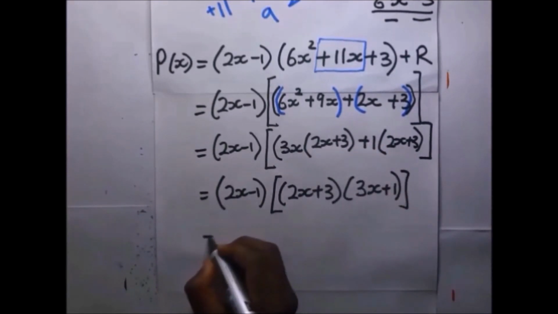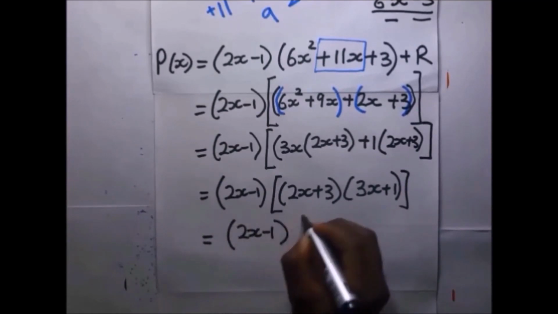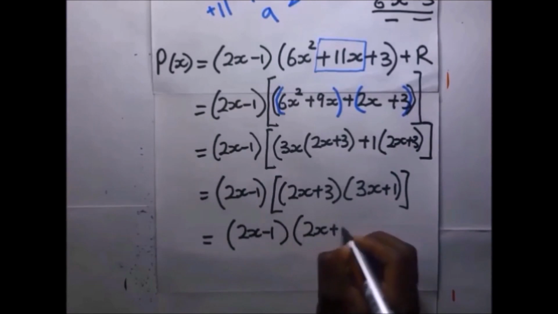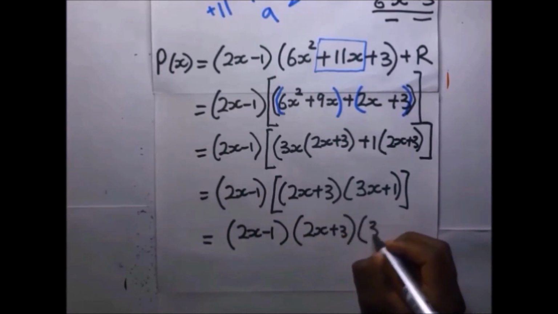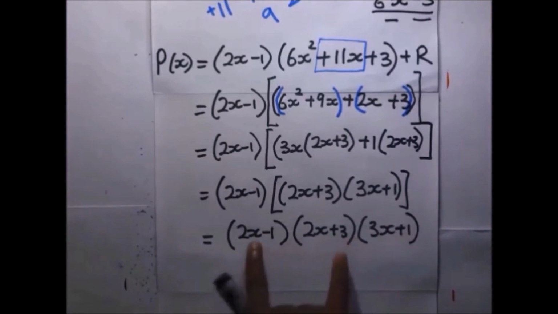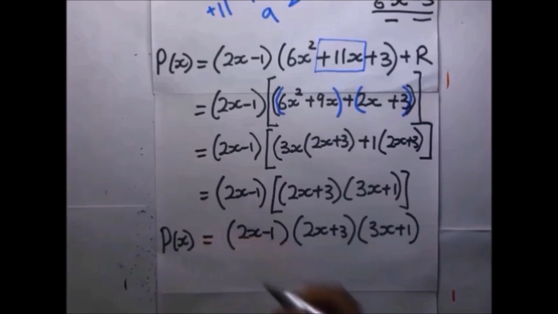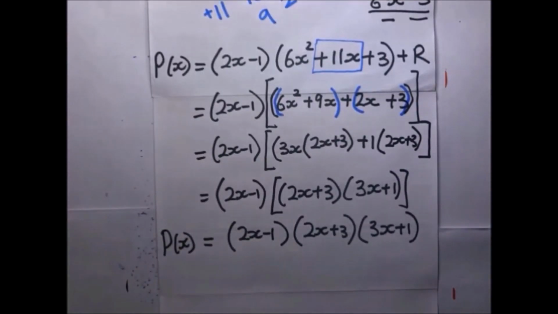Our answer is going to become 2x minus 1 into 2x plus 3 into 3x plus 1. Now these are factors of this polynomial p of x. So originally our polynomial p of x is equal to that, and we have factorized it.